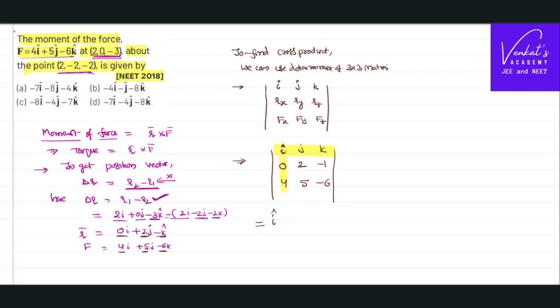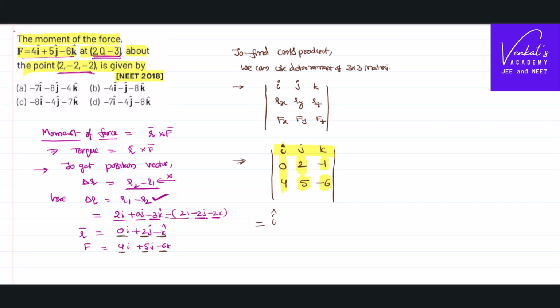Whatever is remaining is A, B, C, D of a 2 by 2 matrix. Then I have to say AD minus BC.